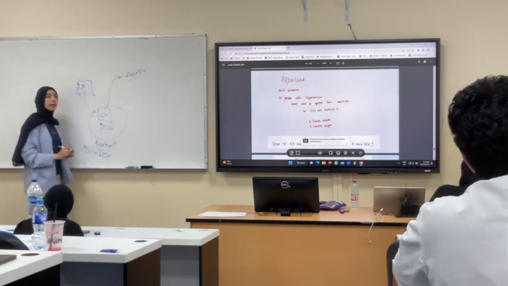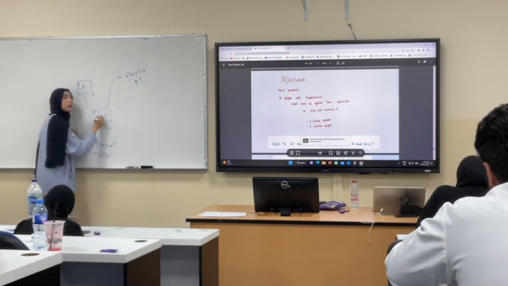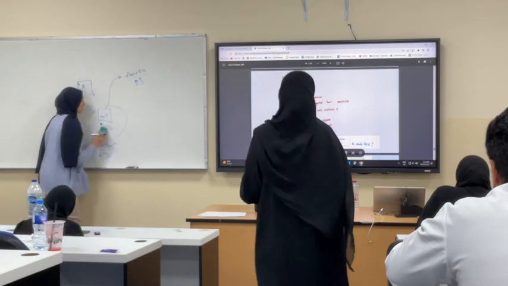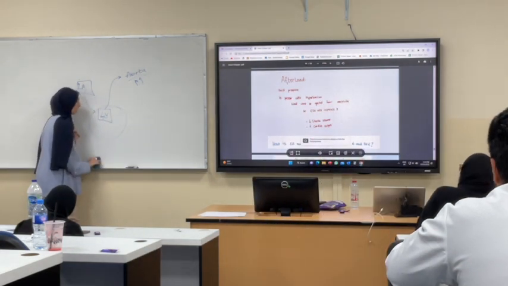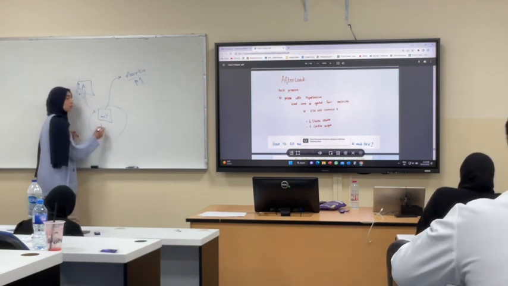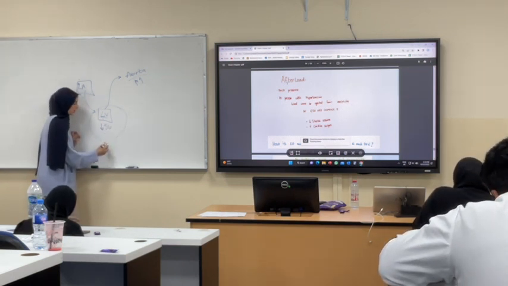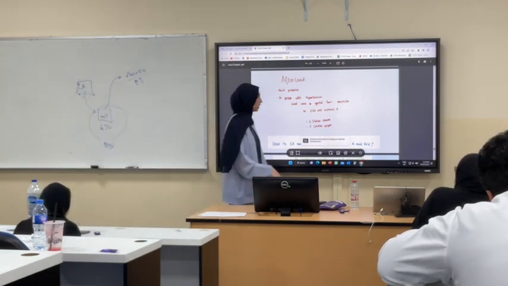Okay. Again, if we have high blood pressure in the aorta, of course I'm not going to be able to pump what I have in here, meaning I will have low stroke volume. Easy, right? Done.